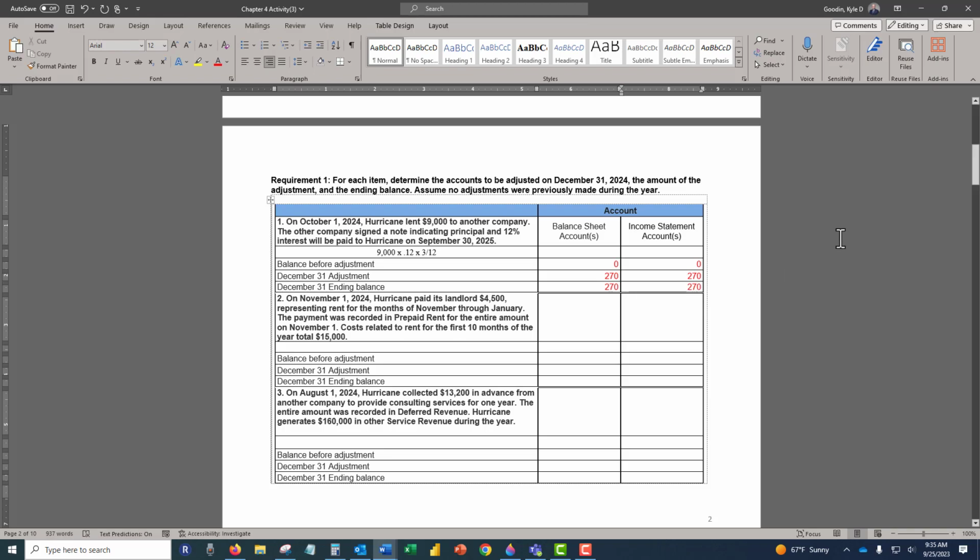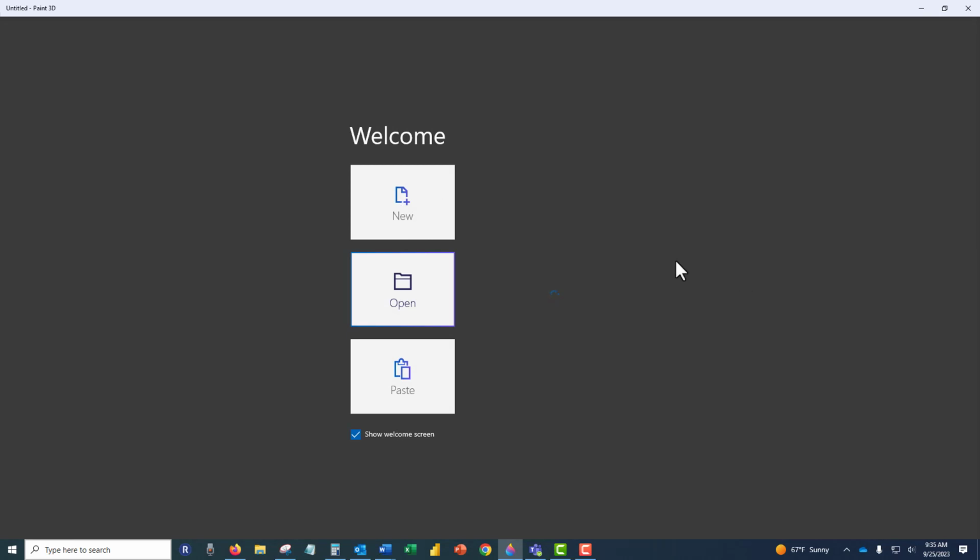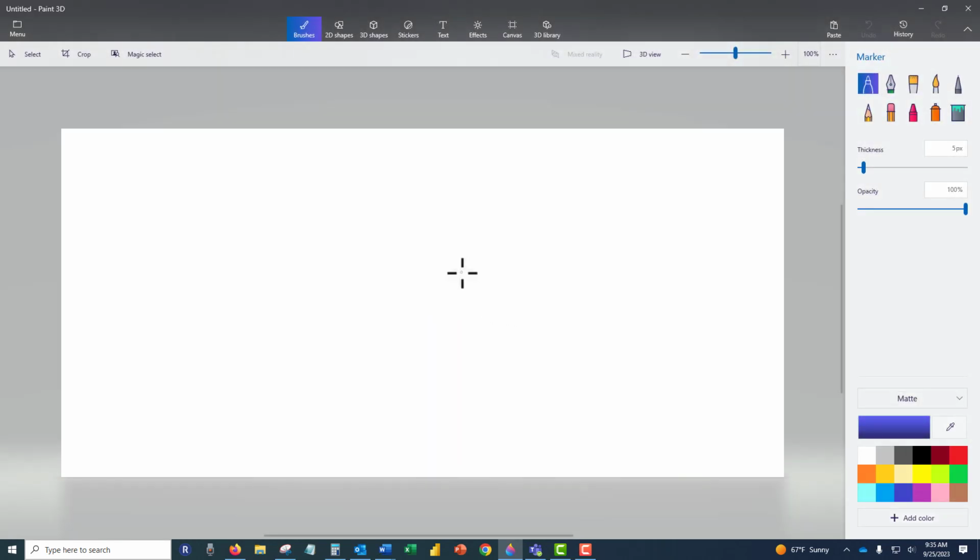Okay, so if we want to look at the T accounts for these, draw out your T tables here, and see exactly what that looks like. We can do that really quickly. Let's just go with our interest payable.